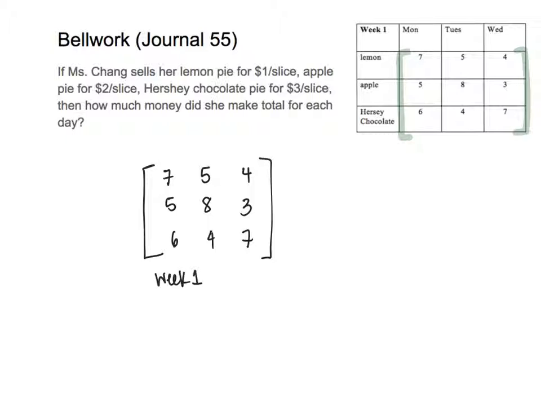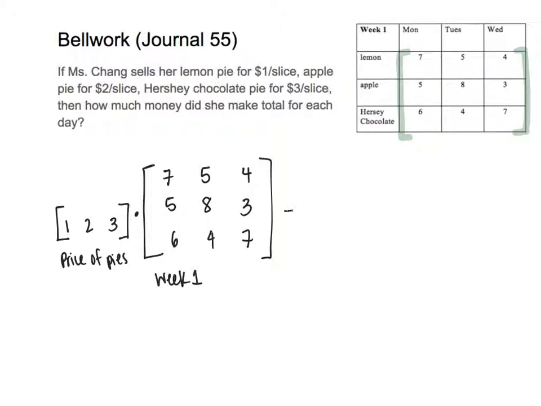And so looking at this here, I'm going to be multiplying it by its prices. So I'm going to make a new matrix, and this is just going to represent prices of the pies. Actually, I'll write that out. So this is going to be the price of pies. And so the price of my pies is $1 for lemon, $2 for apple, and $3 for Hershey chocolate.